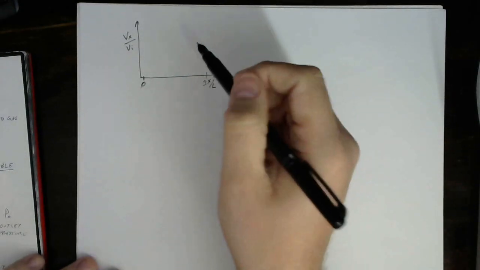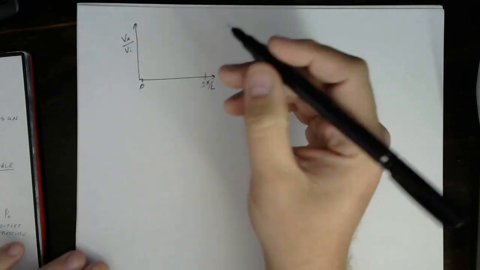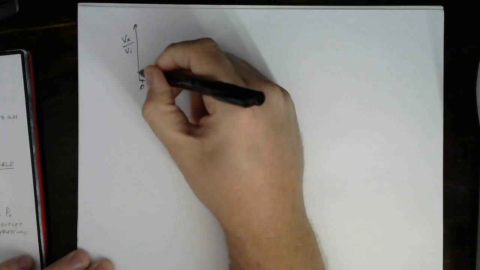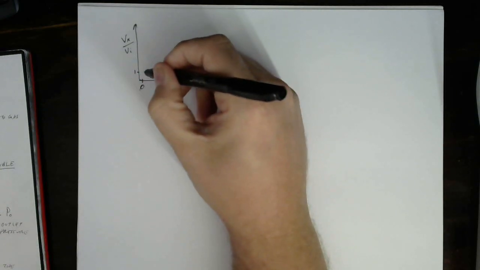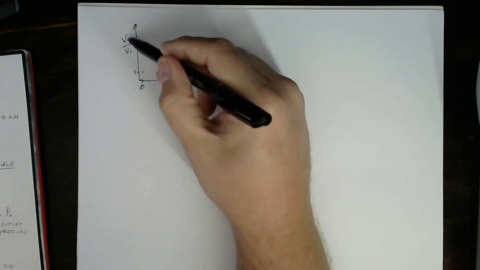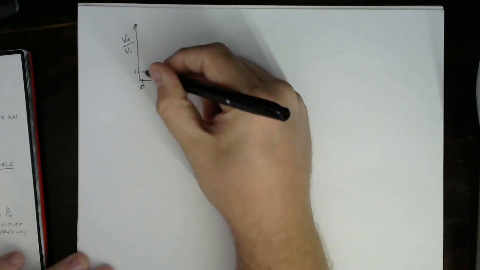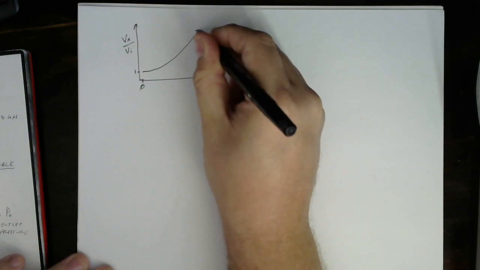So it turns out if we apply more pressure, we get a more nonlinear trend. Let me show you what that looks like. So both of these are going to start out here at 1, right? At the inlet, the velocity at the inlet divided by the velocity at the inlet is going to be equal to 1. But it's going to go quickly nonlinear like this.